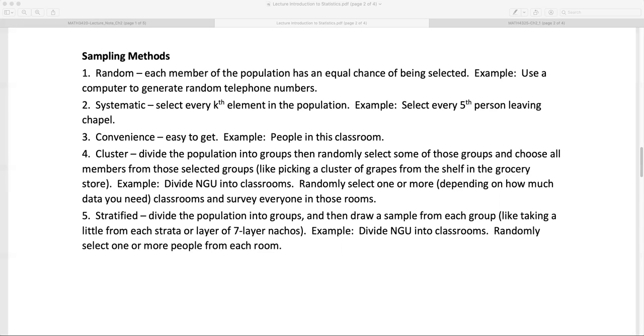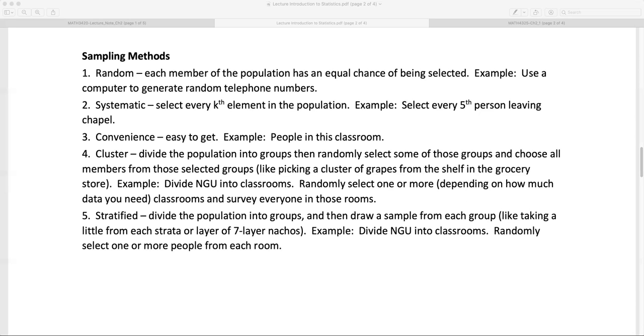And cluster: divide the population into groups, then randomly select some of those groups and choose all members from those selected groups. It's hard to understand, right? Let me give an example, like picking a cluster of grapes from a shelf in the grocery store. First we group.